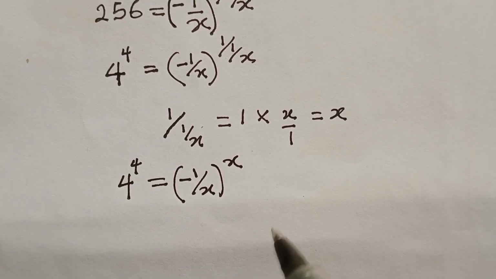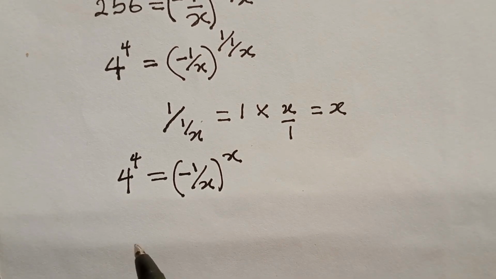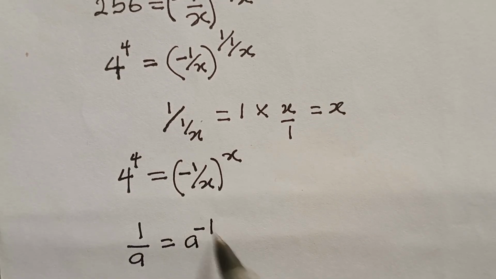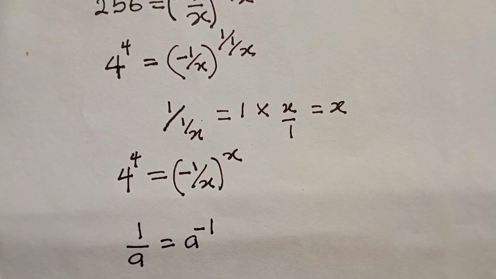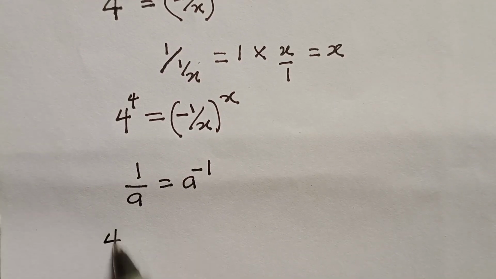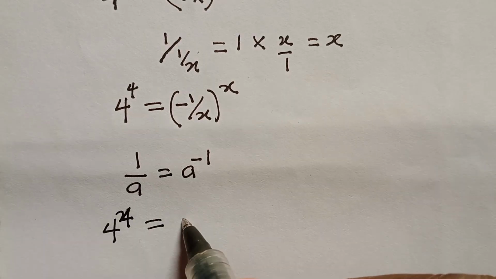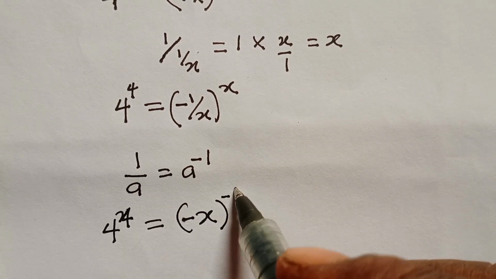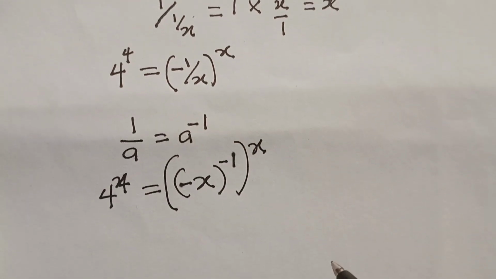Once we get to this stage, minus 1 over x in indices, if you have 1 over a, this simply means a raised to power what? Minus 1. Yes, it means a raised to power minus 1. Therefore, 4 raised to power 4 equals minus x raised to power minus 1, everything raised to power x.